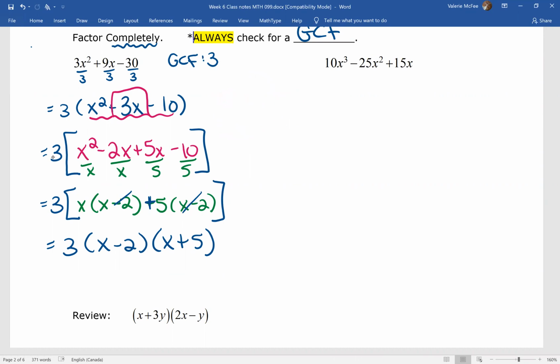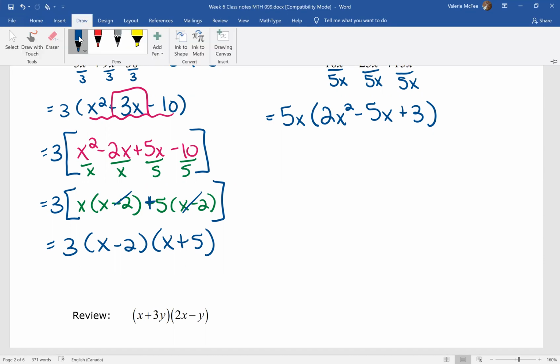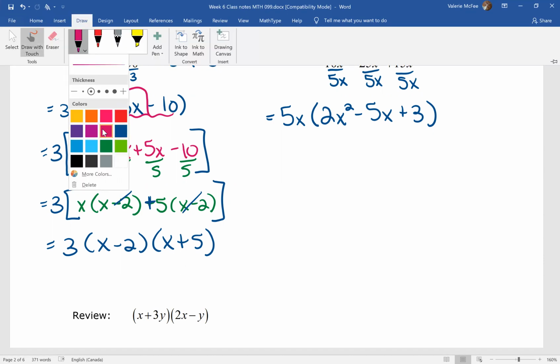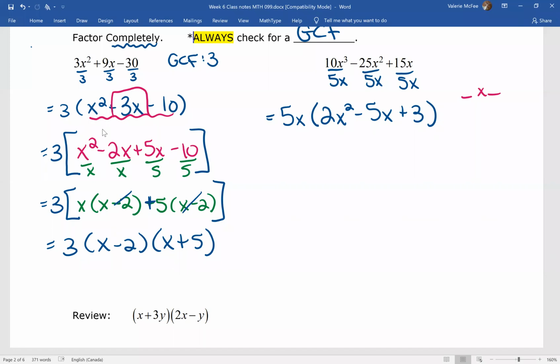Do you see it has a greatest common factor of 5x? And now we need to factor the trinomial inside the brackets. Two numbers that multiply to equal 6 and add to equal -5.